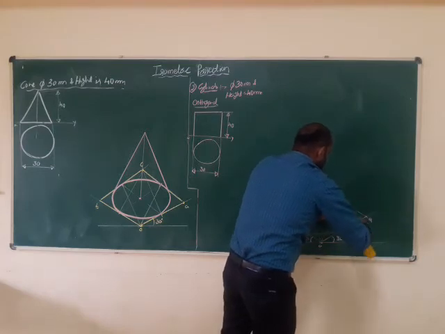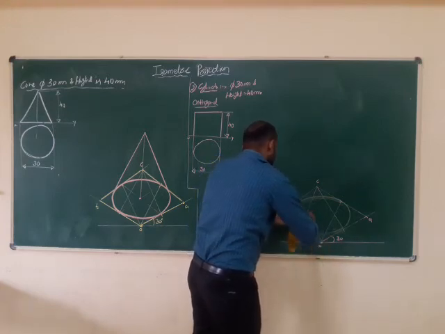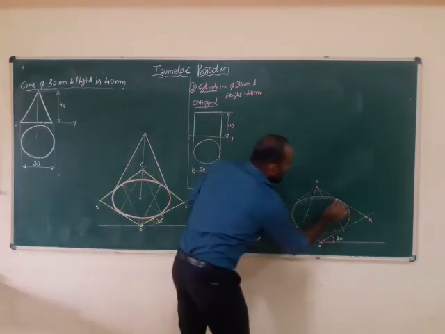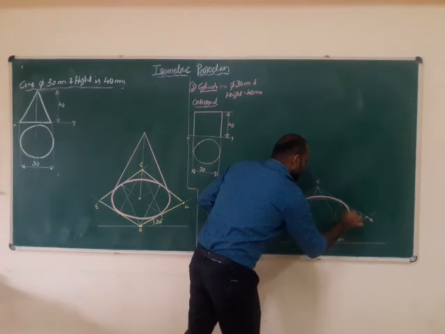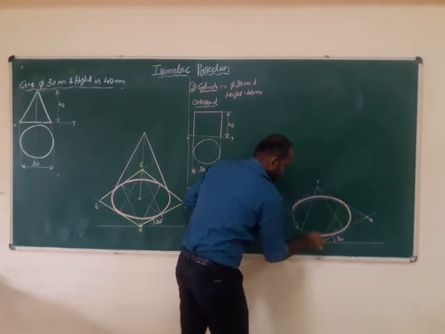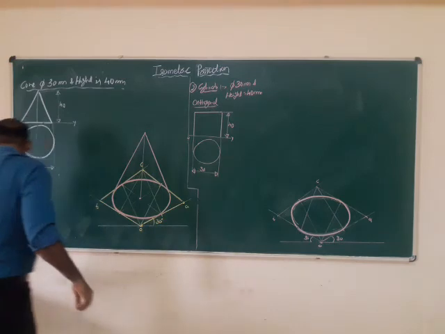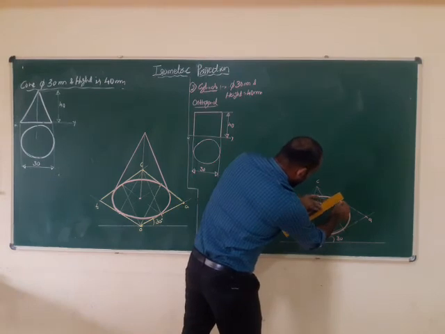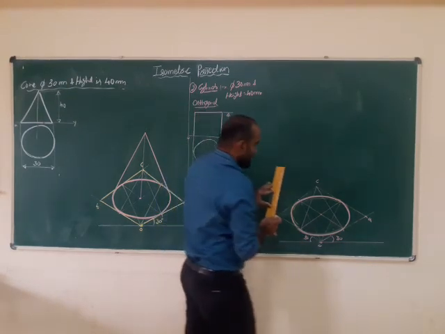Draw the right side arc. Next, the left side. Dark, this ellipse. This is called an ellipse. After that, find out the center, because I want a cylinder, so I have to find out the center. The center height is given as 40.